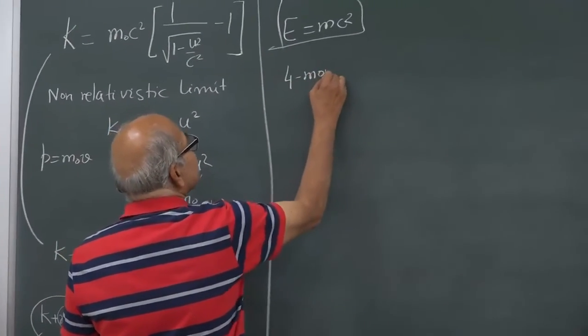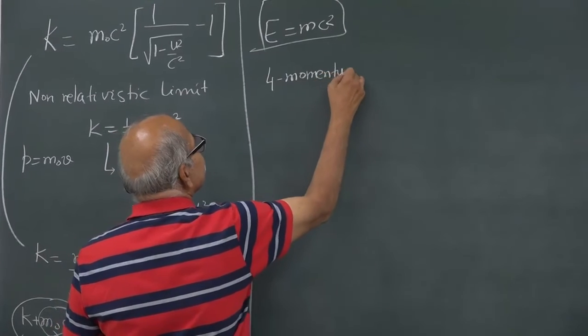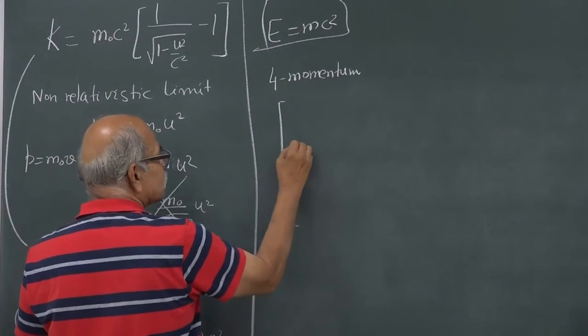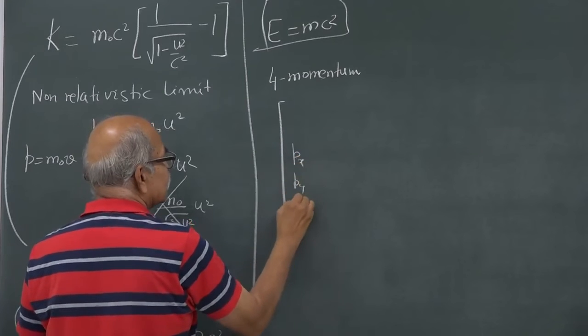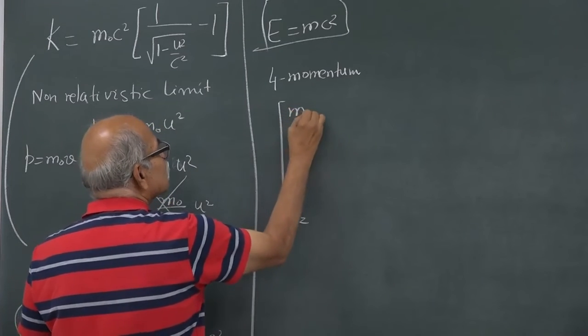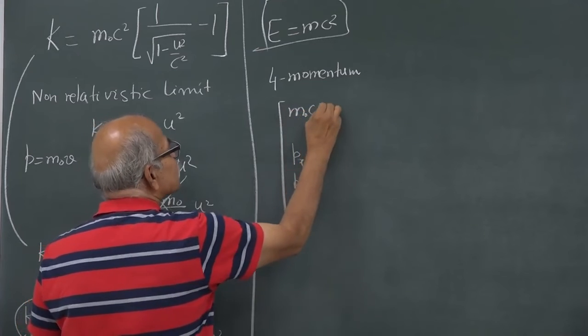Let us look at 4 momentum once again, and in 4 momentum you had these 3 components px, py, pz, and this component here was m naught times c times gamma.